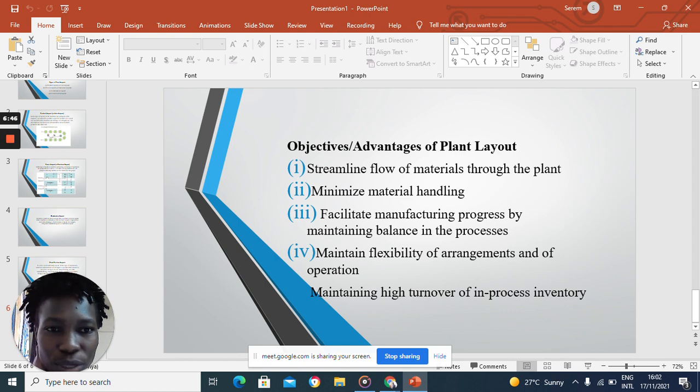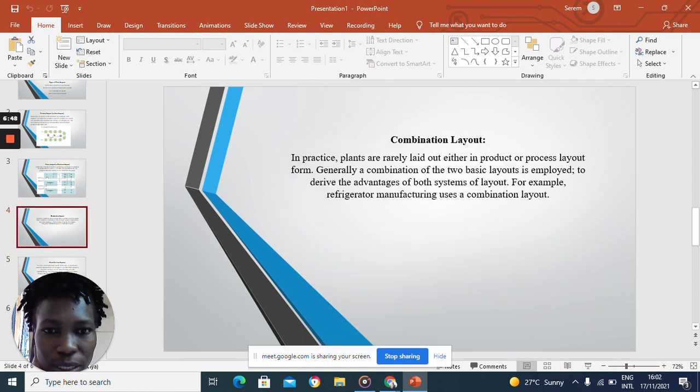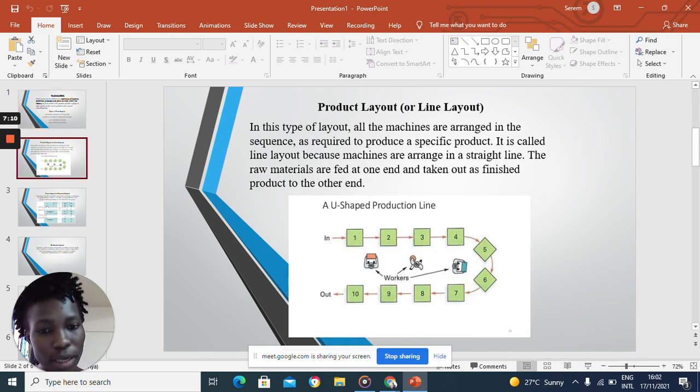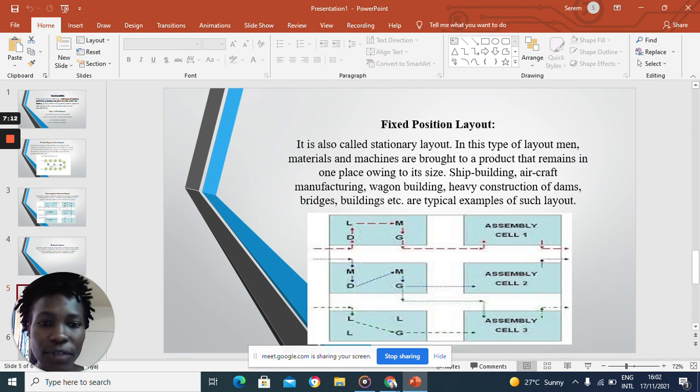So, to summarize our lesson today, we are talking about the plant layout, and I said the plant layout is the technique of locating machines, the processes and the plant services so that it allows you flexibility in the industry. And then we have 4 types of plant layout, that is the product layout, the process layout, the combination layout, and the fixed layout.